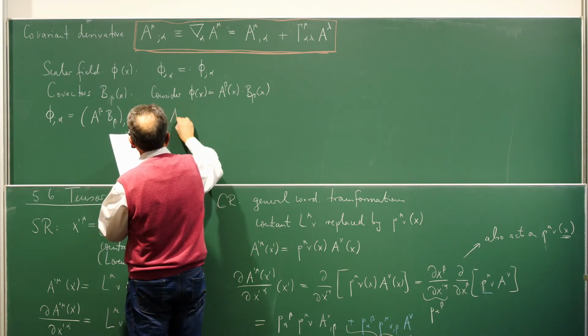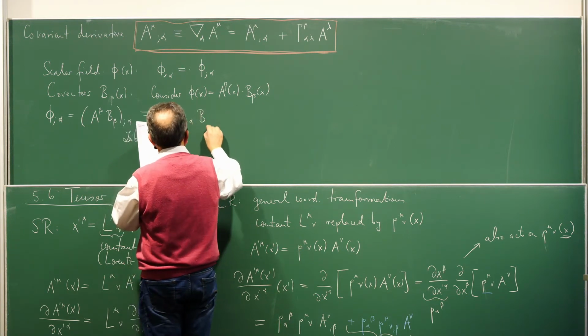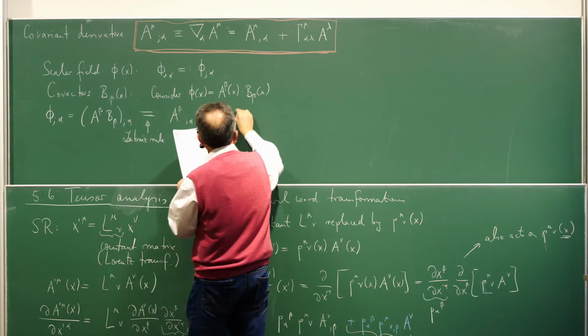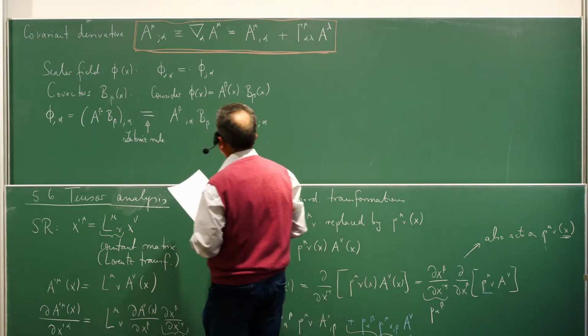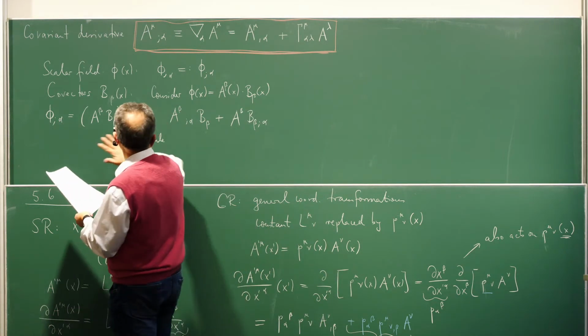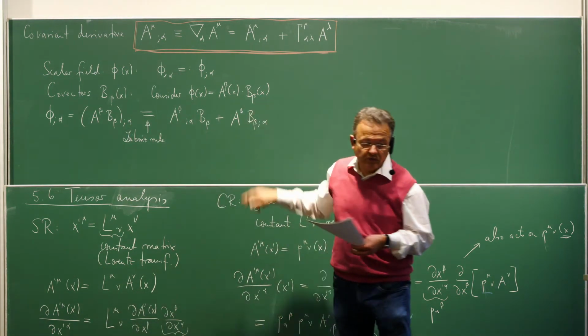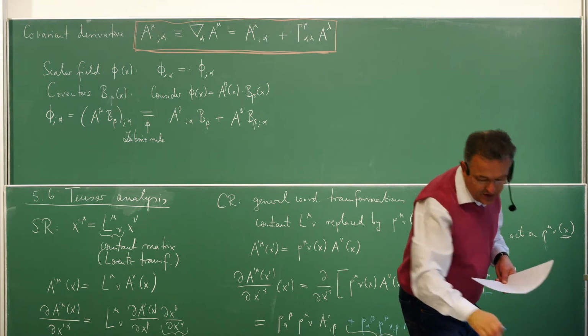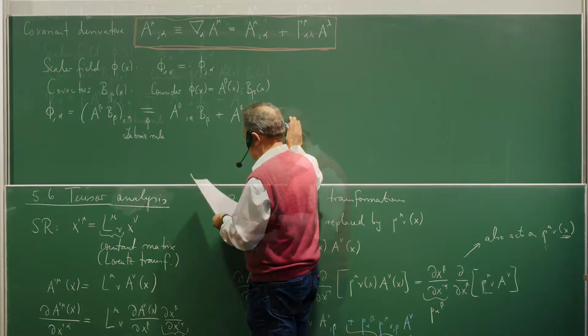So we have then from this a beta semicolon alpha b beta plus a beta b beta semicolon alpha, right? So this we know, but we want to know what this last term is. That is the looked for term.